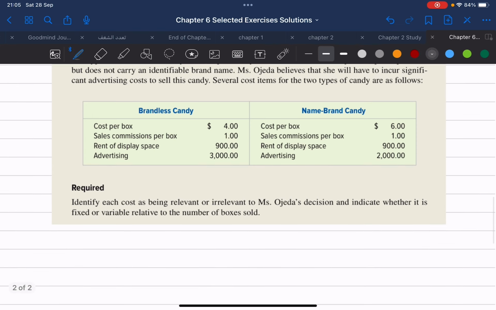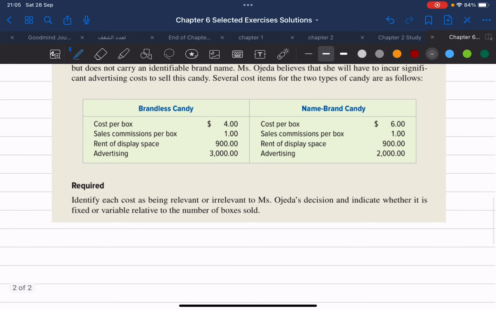What I'm going to do is draw or set up a table here where we're going to list each cost item and then decide its relevance, and then we'll call the third column behavior.